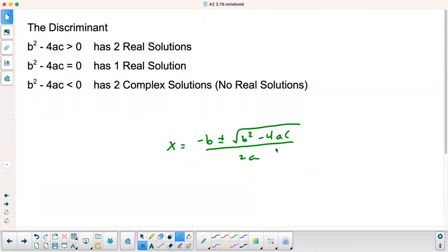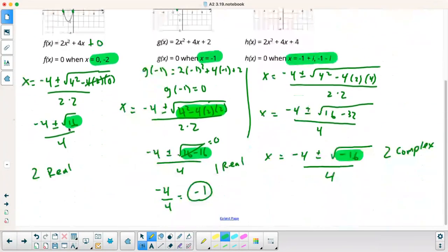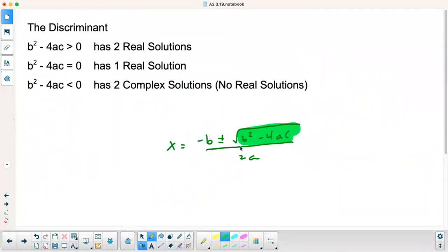And this quantity is what's under the radical, and this determines the number of solutions that we have. If this value is greater than 0, you're going to get two different numbers because you're adding a number and then subtracting a number. Kind of like I did over here. I'm adding the square root of 16, I'm adding 4, and then I'm subtracting 4. So that's how I get the two different numbers there.